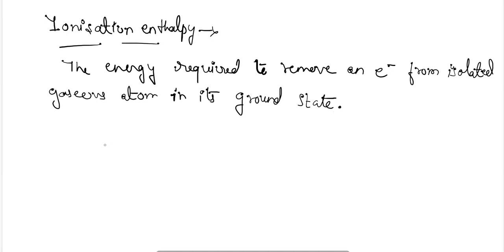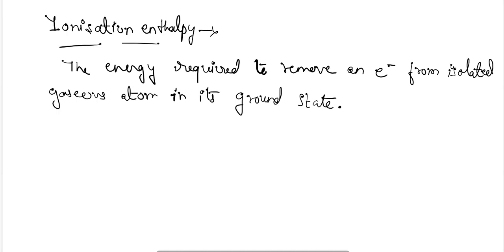Okay, so ionization enthalpies can be more than one for a particular atom. It depends on the oxidation state of that particular atom. If only one electron can be removed, then that ionization enthalpy will be termed as the only ionization enthalpy. But if more than one electron can be removed, then there will be first ionization enthalpy, second ionization enthalpy, third ionization enthalpy.